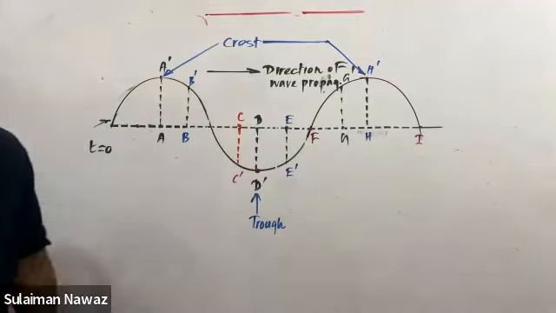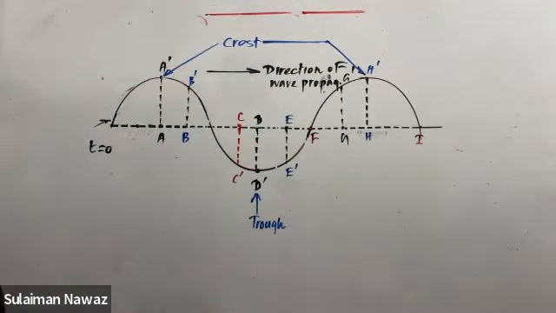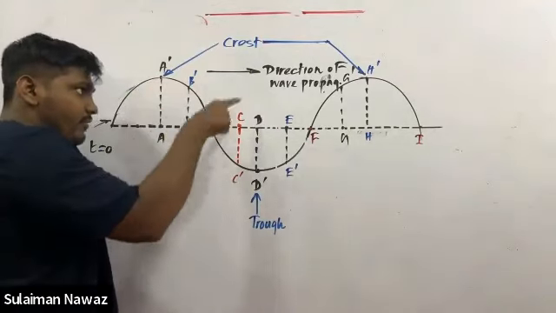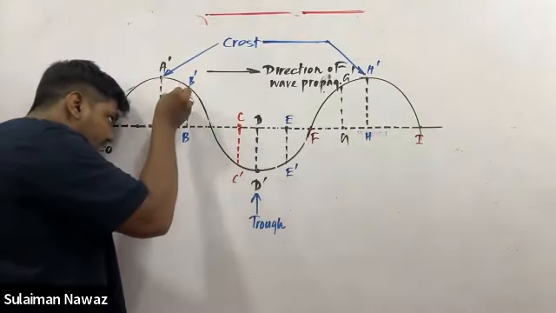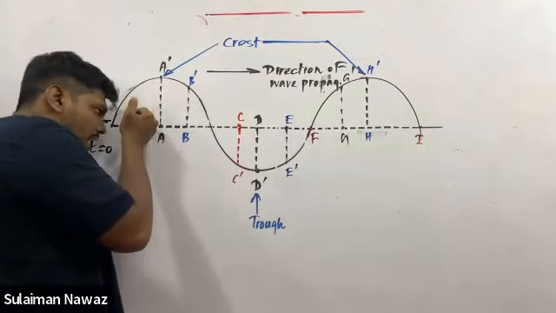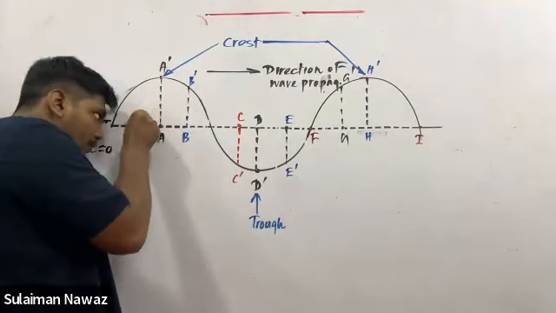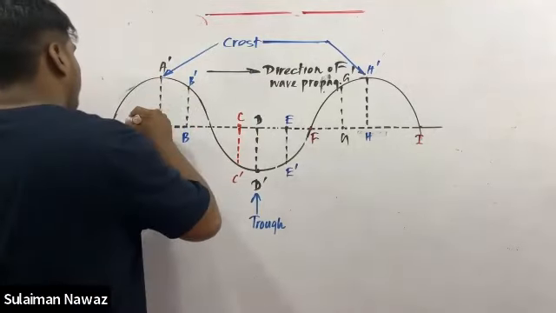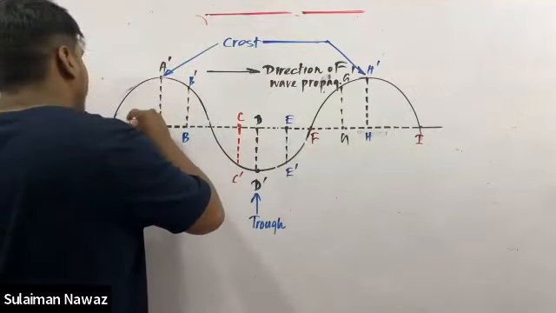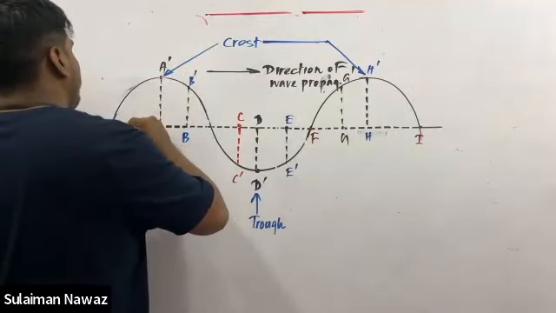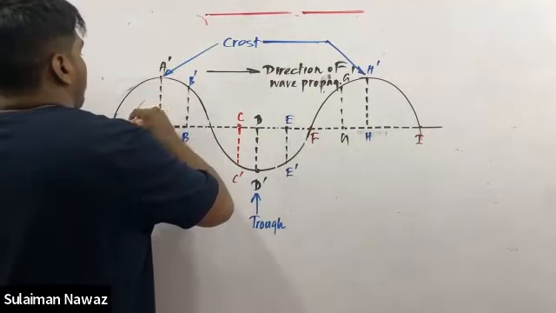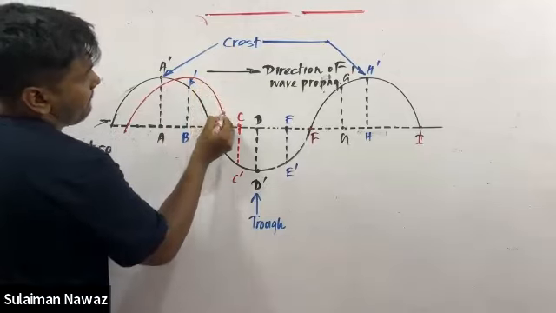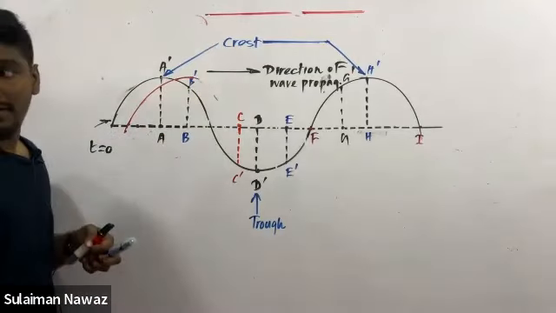Now I will draw the next wave. When t equals 0, this is the wave. This wave must be propagating in the forward direction. After a small time, the wave pattern would be this way, because the wave must be propagating forward.